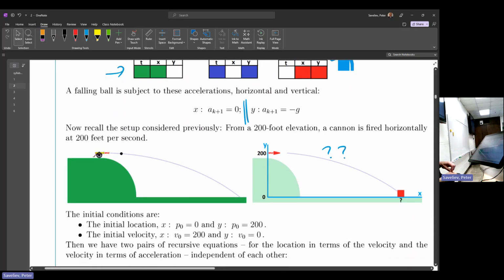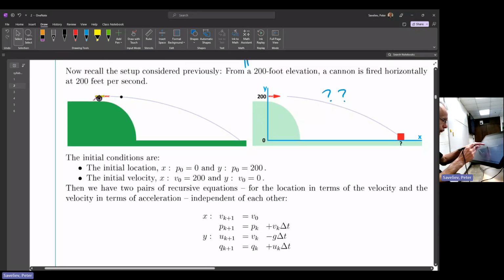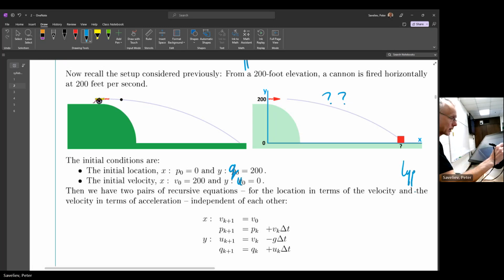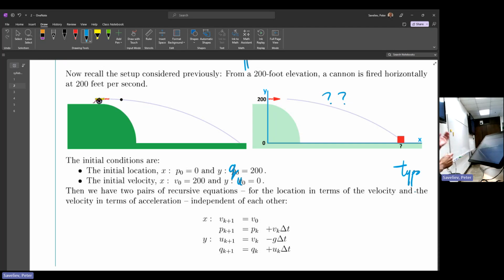So initial location P naught, at P naught, and Y, and, hold on a second. It's a Q right here, and this one is a U. We can get away with just the same letters for X and Y because they're different, so there will be four X's.